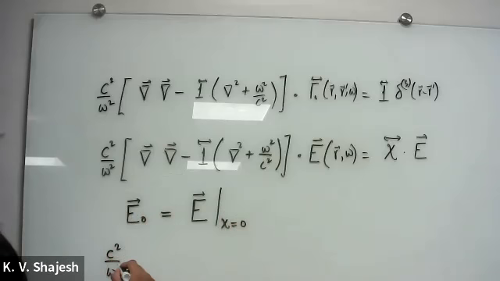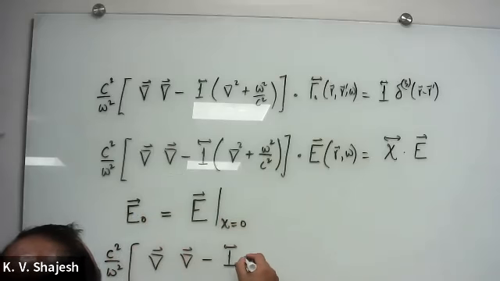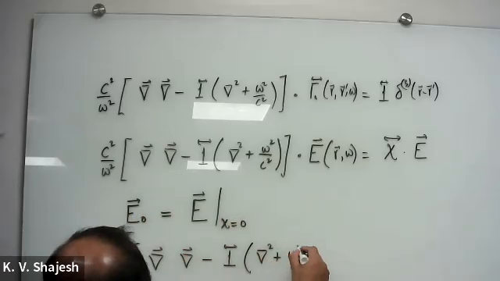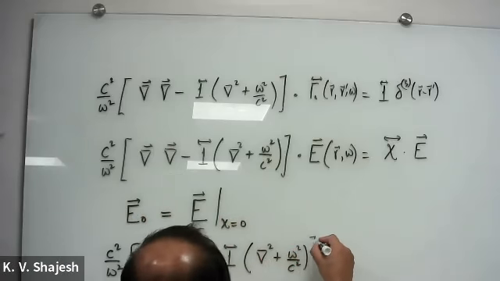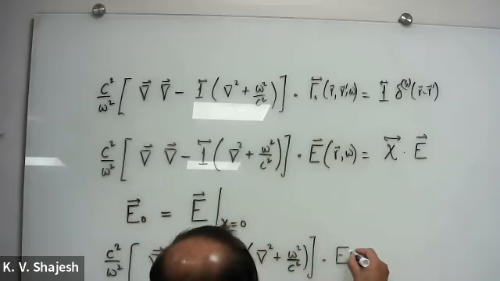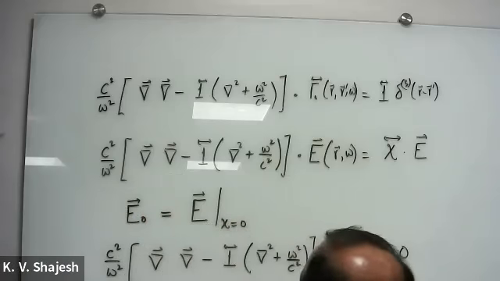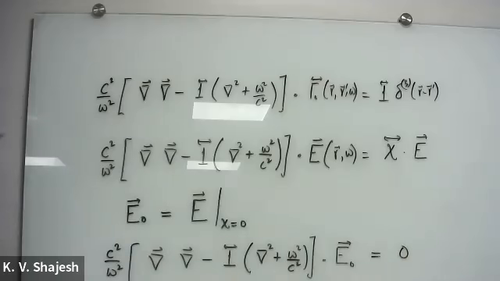I just have to set chi equal to 0, right? So this is c square over omega square gradient gradient minus 1 del square plus omega square over c square dotted with E naught is equal to 0. And the Green's function still obeys that.